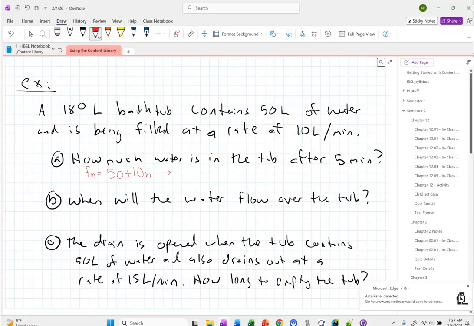So if I want how much is in the bathtub after 5 minutes, I can just plug 5 in for my n, and bada boom, bada bing, I got 100 liters.